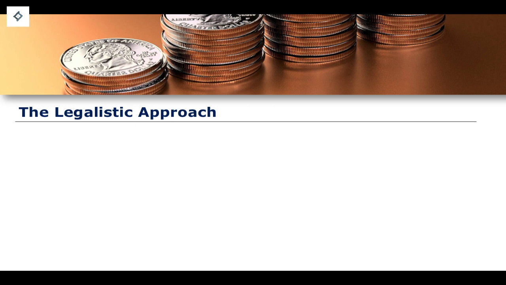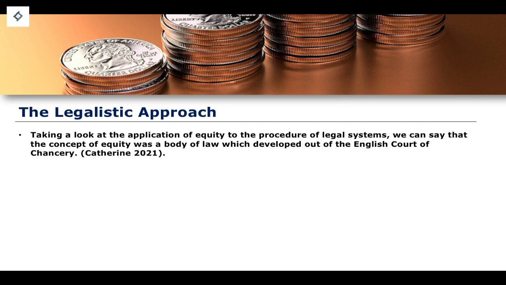When it comes to the legalistic approach to equity, the actual way in which it was applied on a case-by-case basis, we can look at the application in the procedure of legal systems. We will say that equity was essentially a body of law that developed out of the English Court of Chancery.